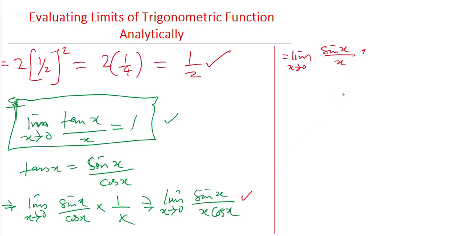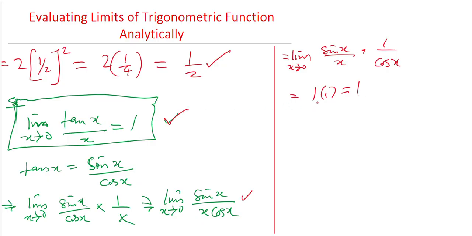Multiply, we have 1 all over cos x left. And the limit of sin x all over x is 1. Multiply, so we are going to have 1. The limit as x approaches 0 of 1 all over cos x will be 1 all over cos 0, and cos 0 is 1. So we have 1 all over 1 will give us 1. So the answer is 1. So we'll see how we derived this.